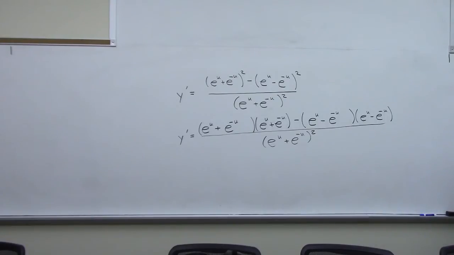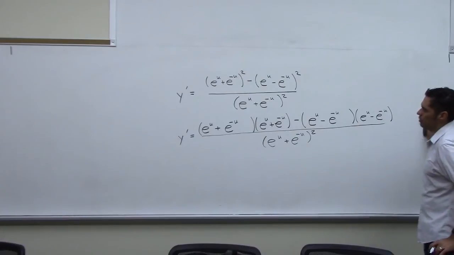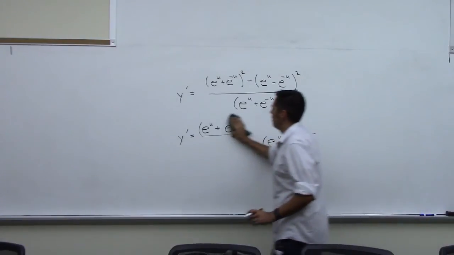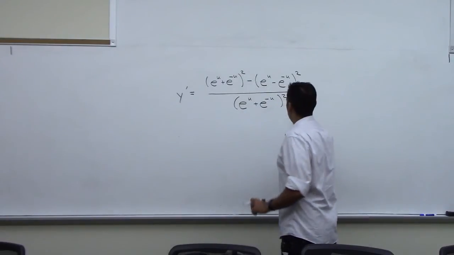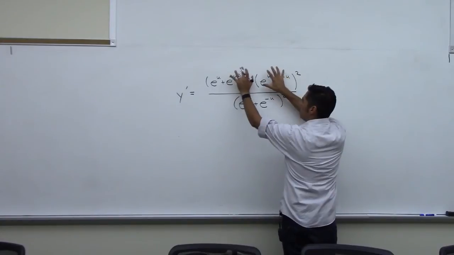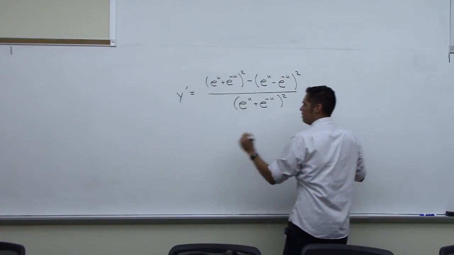Yes. Okay, I'm happy with that. Now, I should have paid a little more attention to this, but notice that if I split this back up into two fractions, this over this and this over this, this over this is 1.